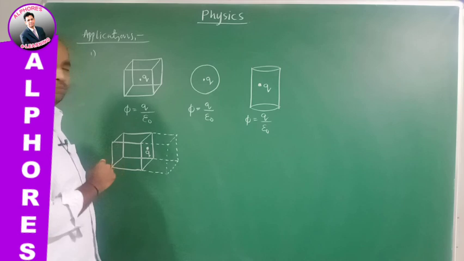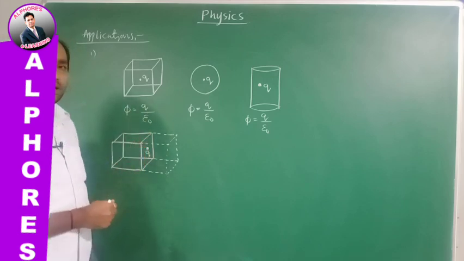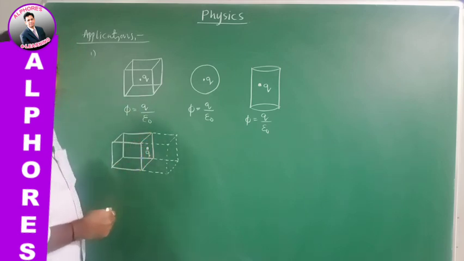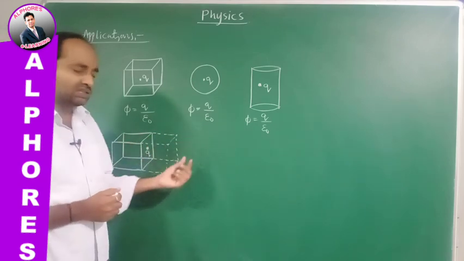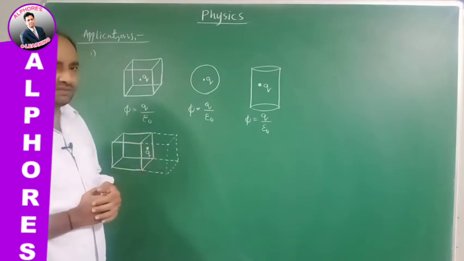If the charge is kept at the center of one of the faces of the cube, then what is the flux passing through it? Means we should construct an identical Gaussian surface.